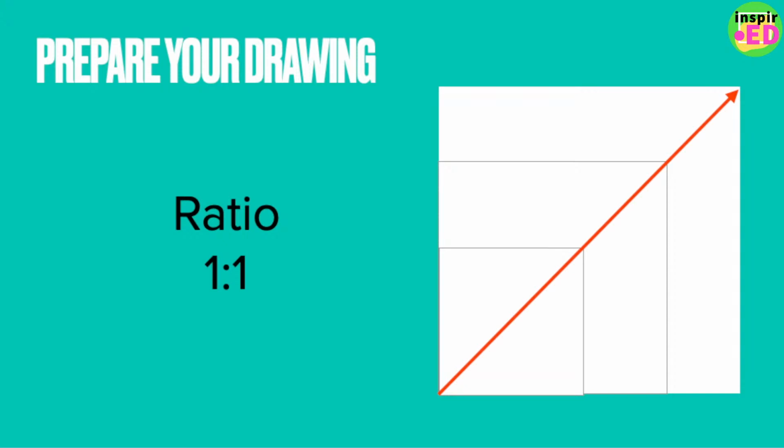And when you prepare paper, it also needs to be the same shape, a 1:1 ratio paper, but the size of the paper can be any size. Actually it can be really tiny.